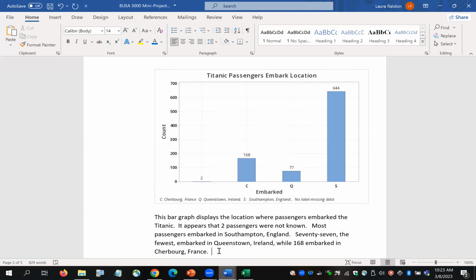Okay. Now, I have just demonstrated the expectation for part 2 of the first mini project. Do you have questions? You said it doesn't have to be that long to display or summarize.